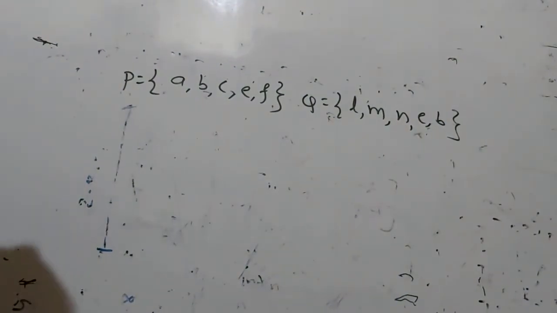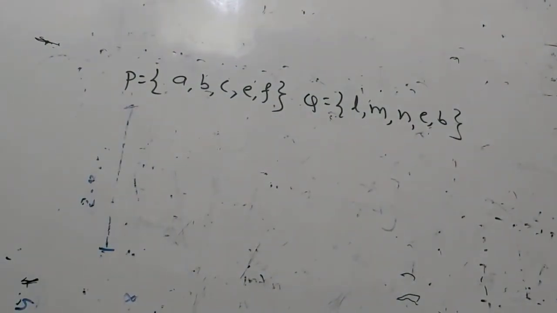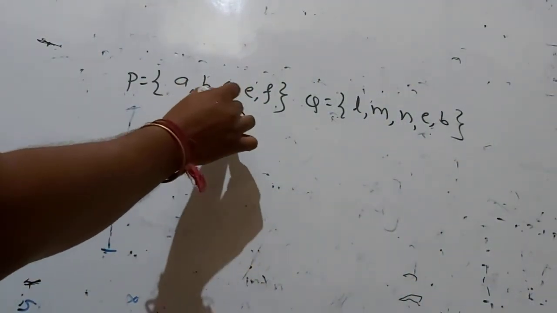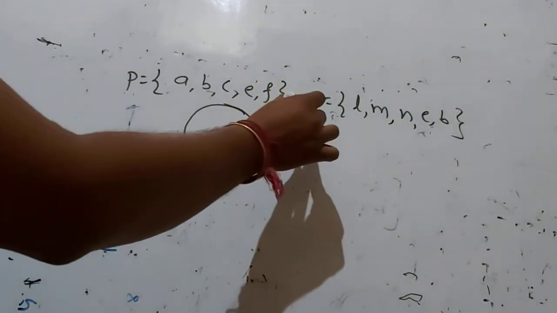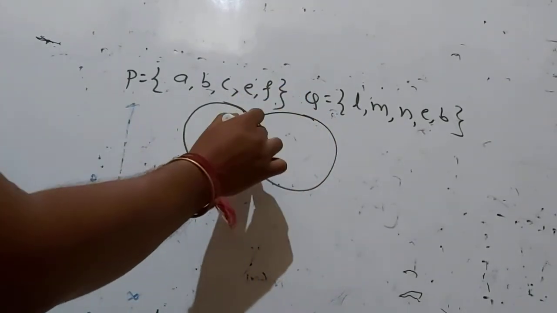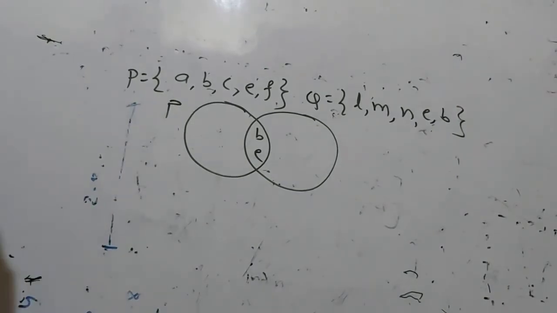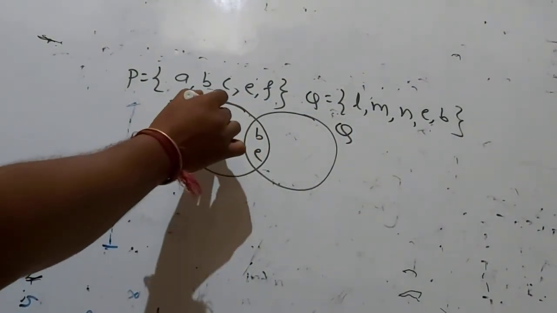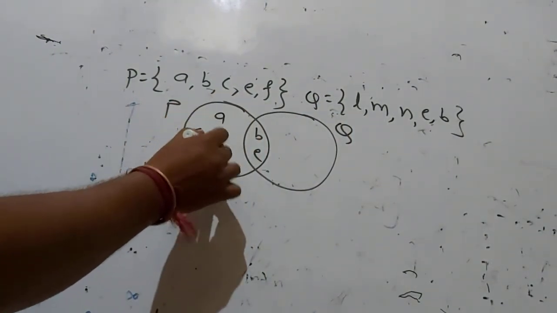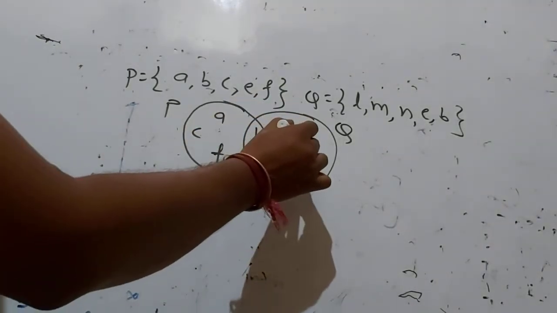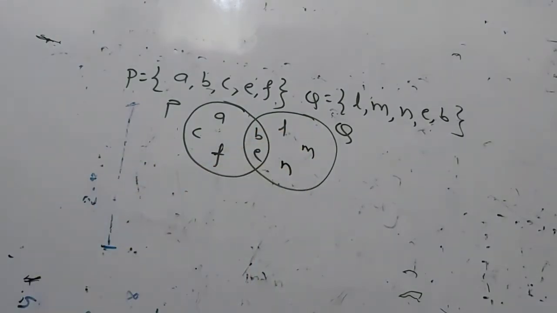If you see in this, two elements are common, that is B and E. So again, two circles, and the common elements B and E we can write here. First of all, name the first circle as set P, second circle as set Q. Leaving B and E, the remaining elements A, C and F go in P, and to the right side L, M, N in Q.